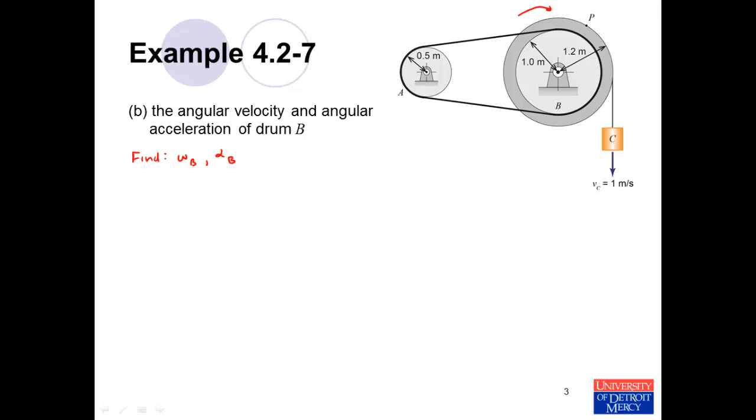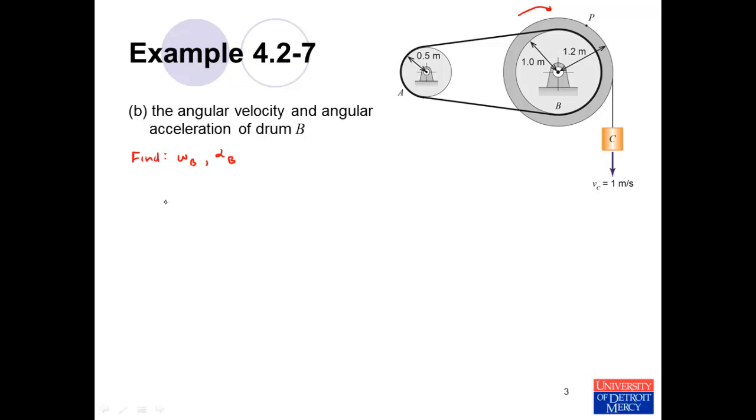So looking at this, the fact that we have pure rotation, fixed axis rotation, and we know about the motion of point P on the rigid body, we can relate the motion of point P, its velocity and acceleration, to the rotation of the drum.